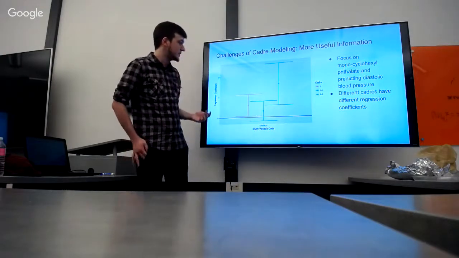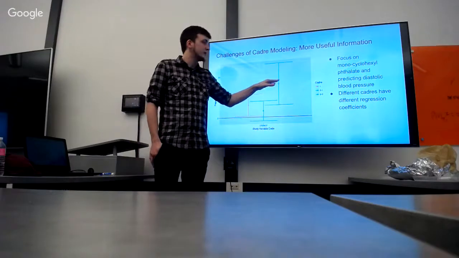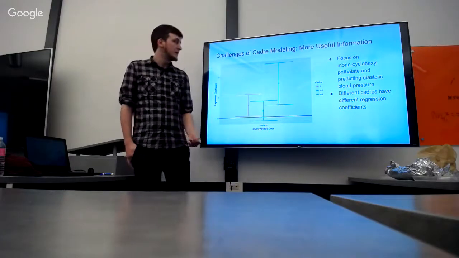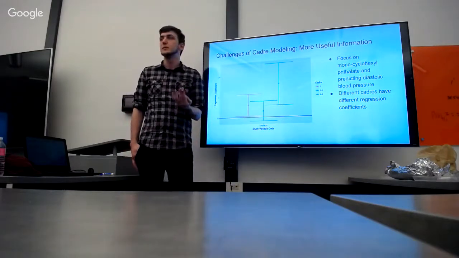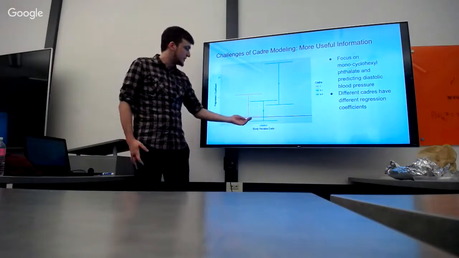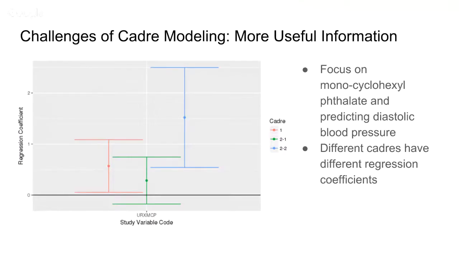What we can see here is that the second Cadre has identified a subpopulation that has a much stronger vulnerability to URX MCP than the population overall does. This is the sort of thing you want to know about when you're doing Cadre analysis, but because it's model level information instead of study level information, it's harder to incorporate into the browser design.